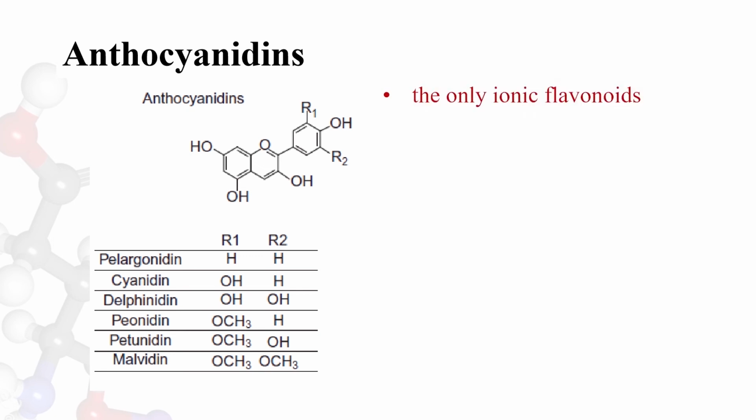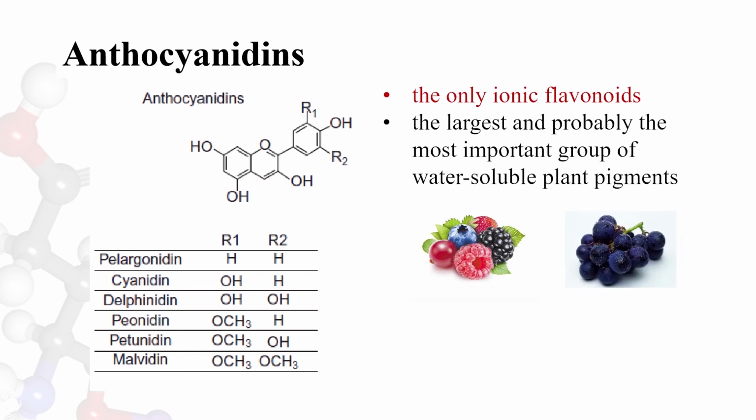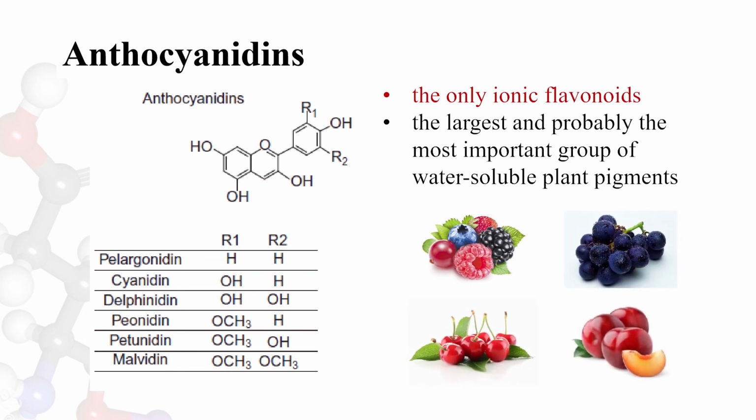The basic skeleton of anthocyanidin is the flavylium cation, which gives these flavonoids unique properties. They constitute the largest and probably the most important group of water-soluble plant pigments. Anthocyanins are abundant in berries, but they can also be found in colored fruits like grapes, cherries, and plum.